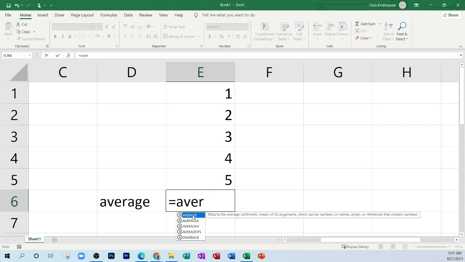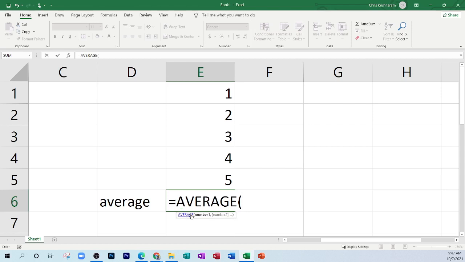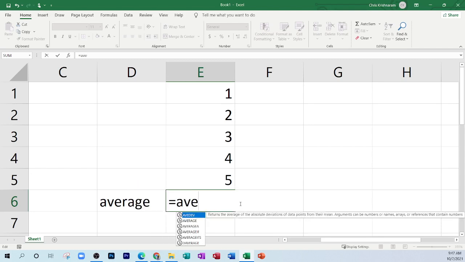So it's not just tapping on it, you have to double click on it, and that will automatically complete the name of the function plus open the bracket for you, so you don't have to type the bracket. And there's another method besides double clicking on it. It's a key on the keyboard that you would press.